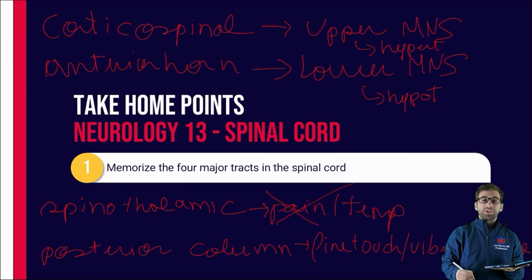Brown-Séquard syndrome, caused by hemisection of the spinal cord due to trauma or tumors, results in ipsilateral loss of motor function and proprioception, and contralateral loss of pain and temperature sensations.